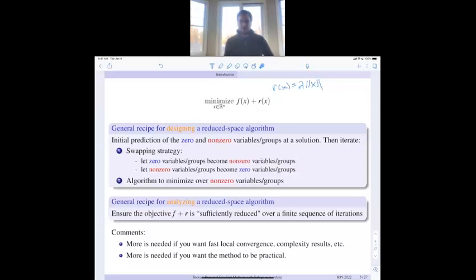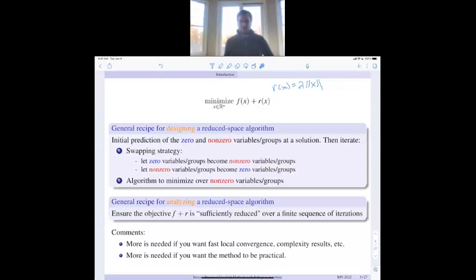And if you want to prove anything about these algorithms, a common way of analyzing them is to make sure that you've designed your algorithm in a way that the objective function, f plus r, gets sufficiently reduced from one iteration to the next. So as I go from x sub k, the kth iterate, I somehow find an x sub k plus 1 that has reduced the objective function sufficiently.